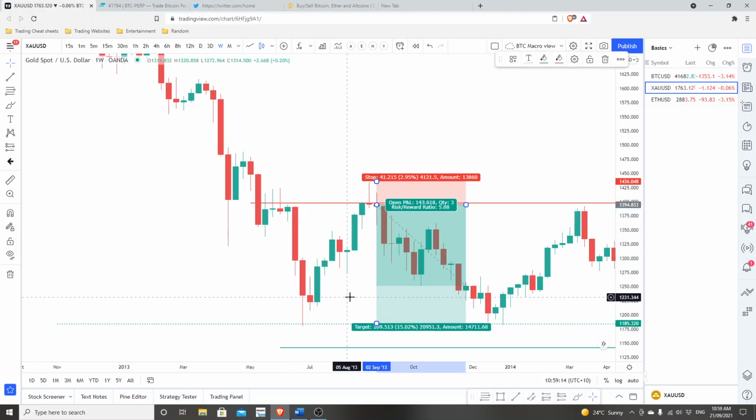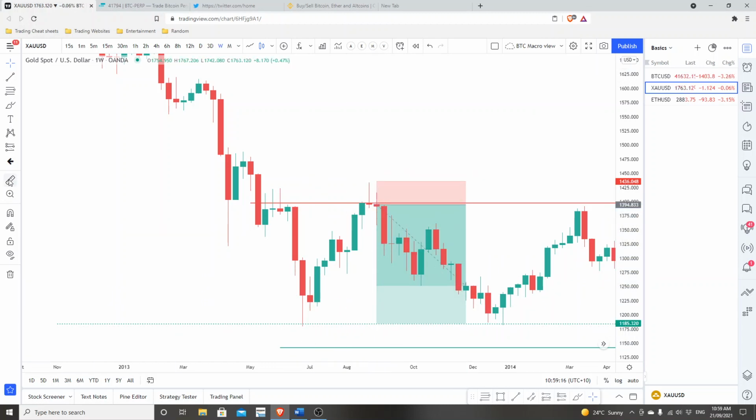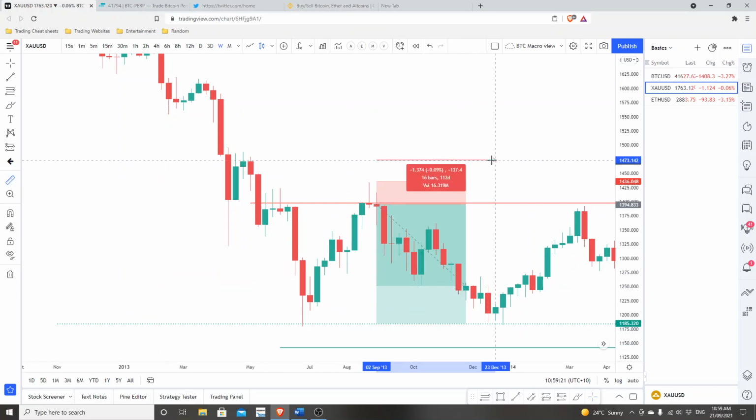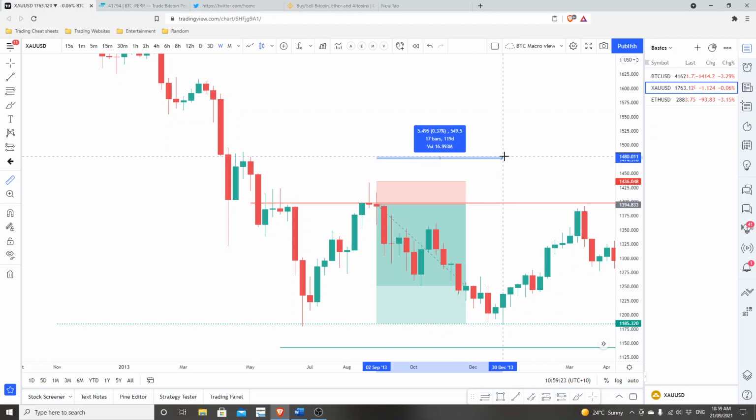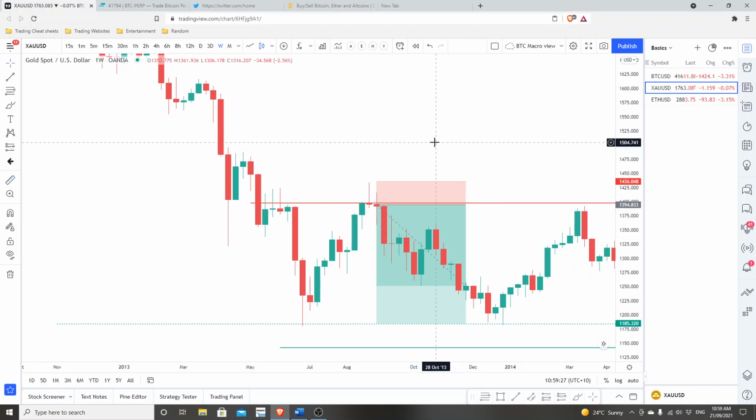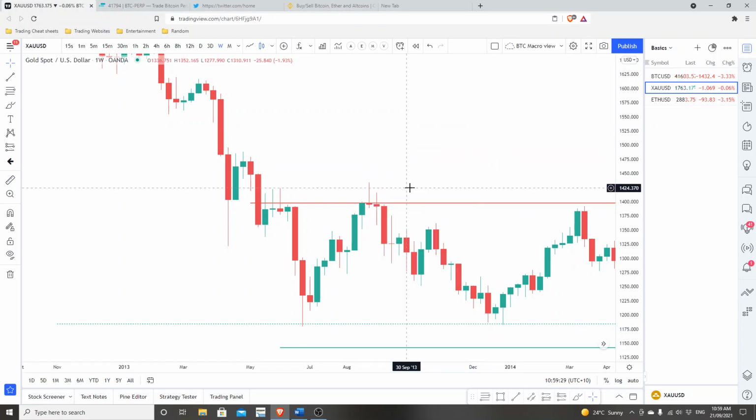Weekly time frame, that's a 5-hour trade that takes 119 days to play out. So this is why you don't trade the weekly chart.